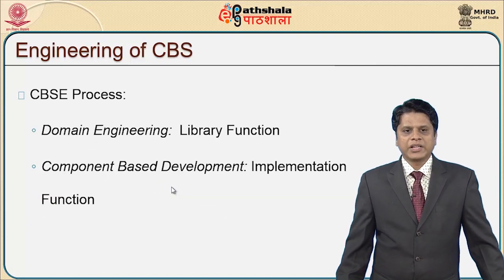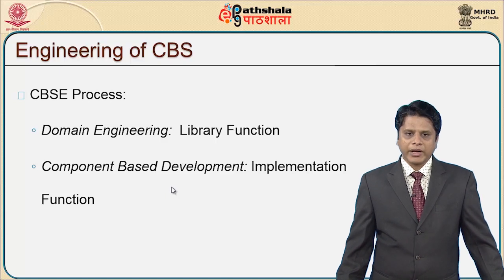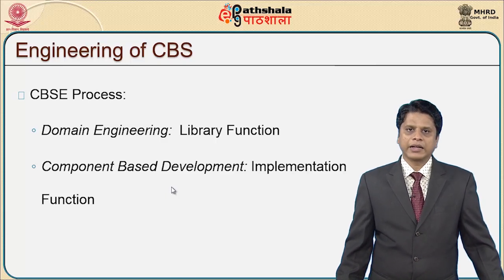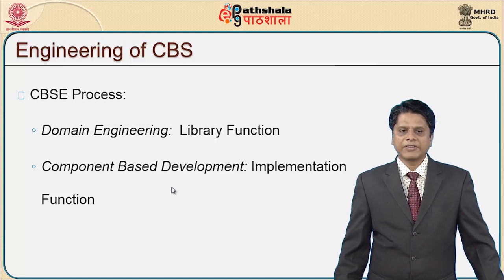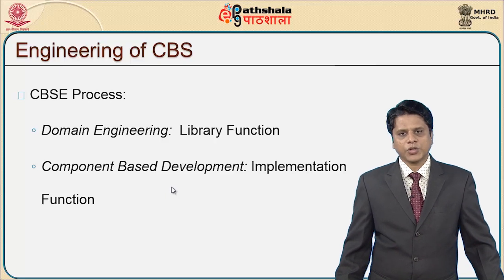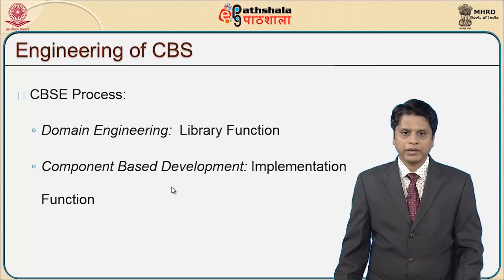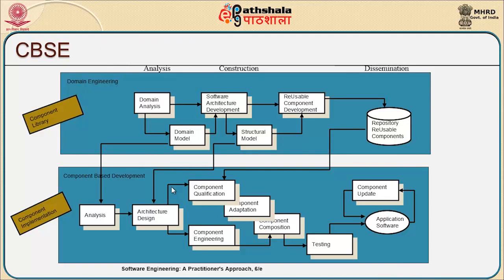The component based software engineering process has domain engineering, which has certain library functions defined within every package, and component based development implementation functions, which are already built and included. If you look at this example, as far as domain engineering and component based development are concerned, we have two things.